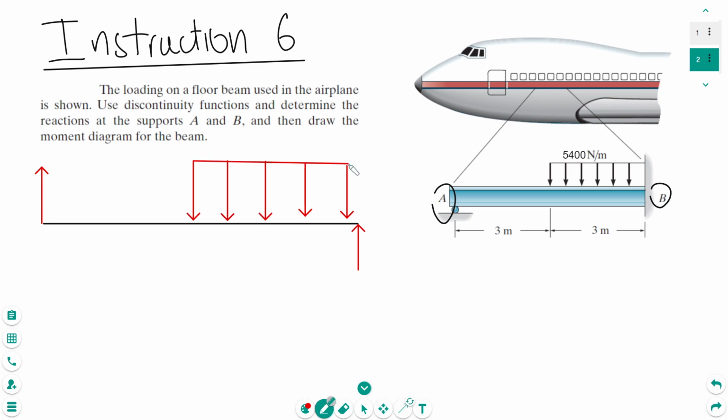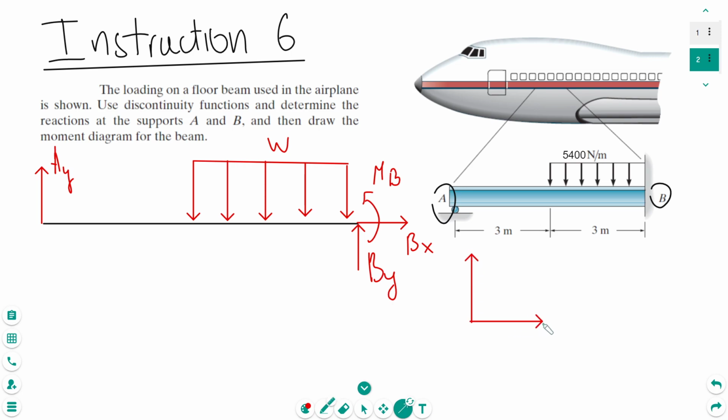Now we can label these as AY, W, and BY. Furthermore, we also have a reaction force for B in X, as well as a reaction moment in the positive counterclockwise direction. I can therefore define my axes as Y and X positive this way.